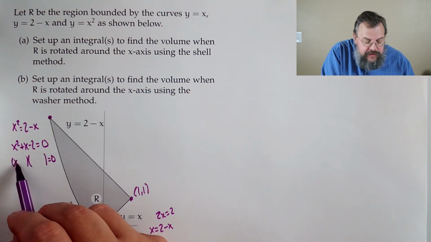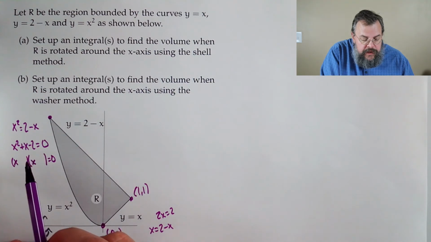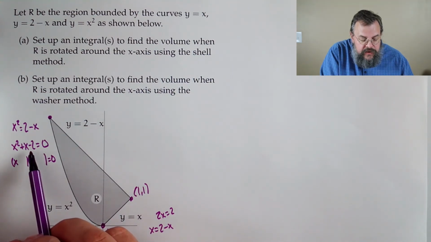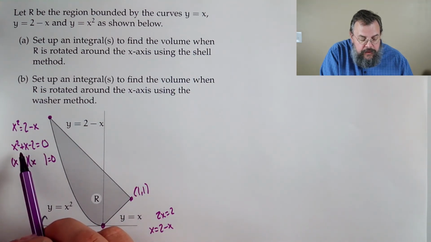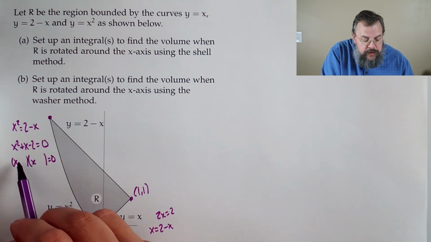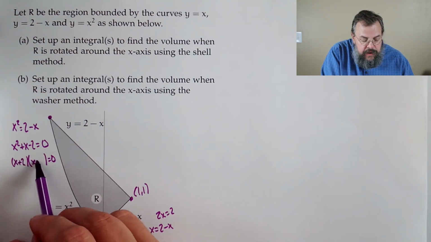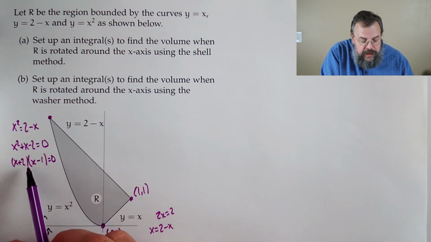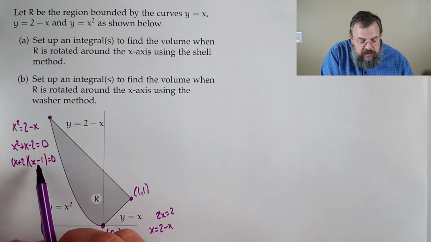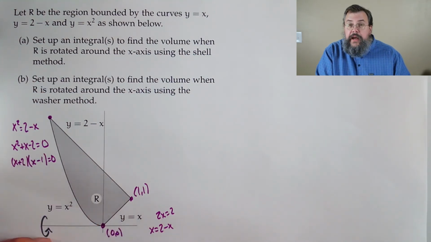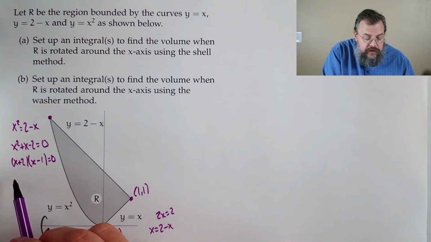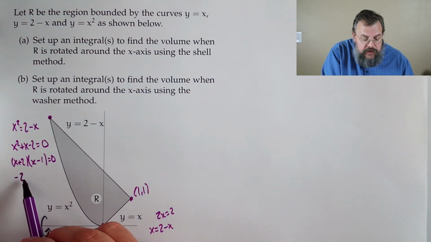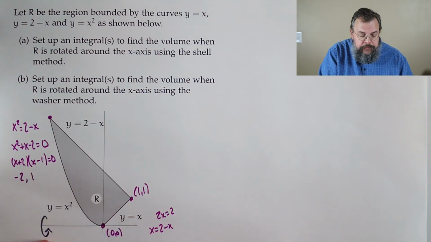So let's see. We want two things that multiply to minus 2 and add to positive 1. I think it would be plus 2 and minus 1. So does that work? x squared minus x plus 2x, that's plus x minus 2, yeah, that works. So we get two candidates, negative 2 and positive 1.